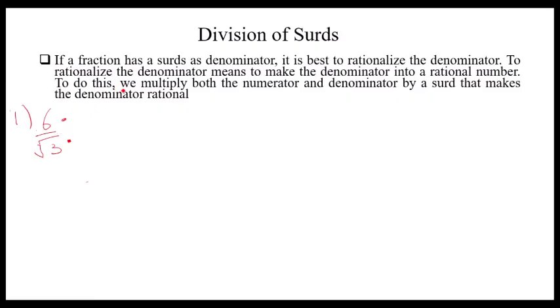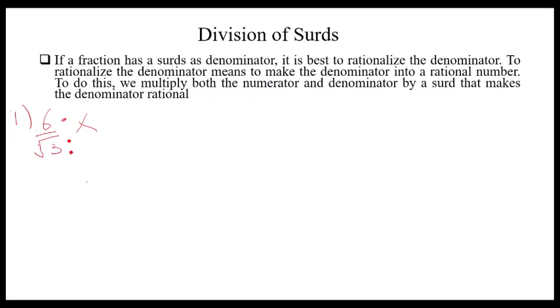To do this, you multiply both the numerator and the denominator by a surd that makes the denominator rational.